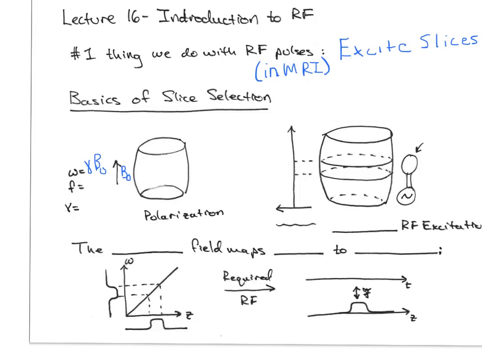Equivalently, the frequency in hertz that spins will resonate at is gamma by 2 pi times B0.